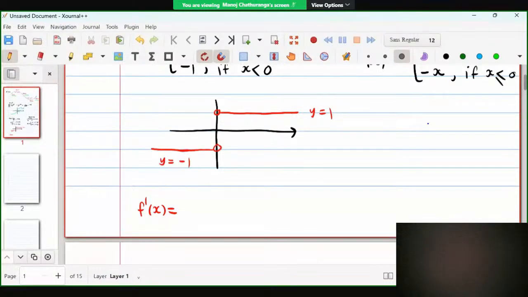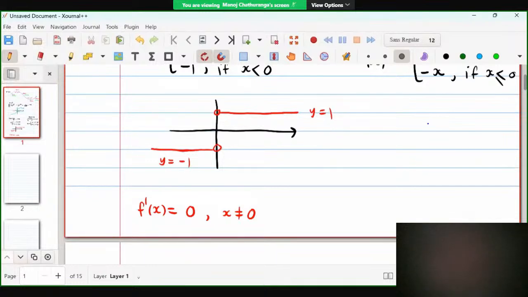The same is true for negative x values. So the derivative is 0 everywhere except at x equals 0, because x equals 0 is not a differentiable point for this function.